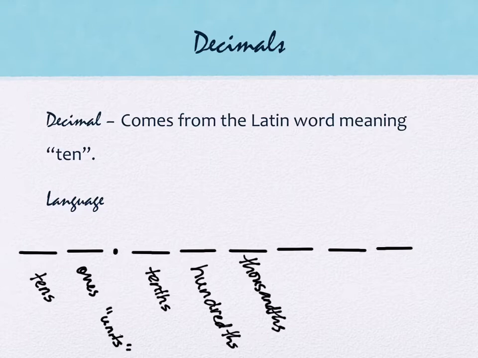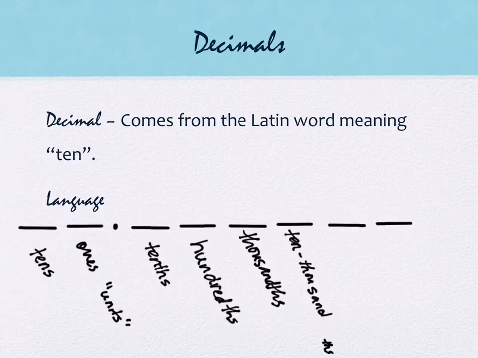Do you know what comes after the thousandths? Yeah, it's 10 thousandths. Then what? Yep, 100 thousandths. I'm going to shift this up because I'm running out of space.